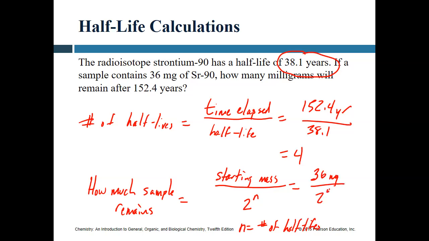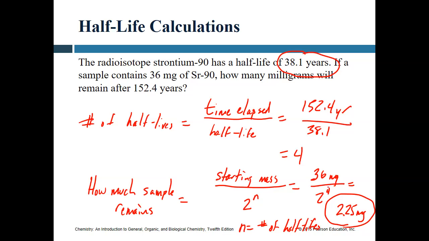We divide that by 2 to the 4th, since there were 4 half-lives. 36 divided by 2 to the 4th would give us 2.25 milligrams remaining. So that's one way to do this calculation.